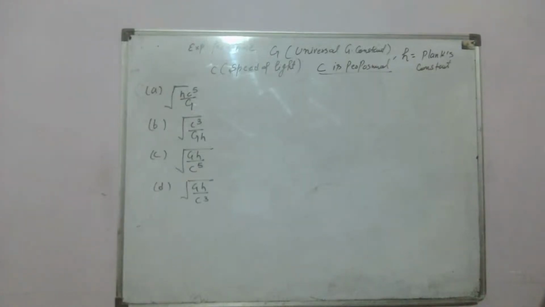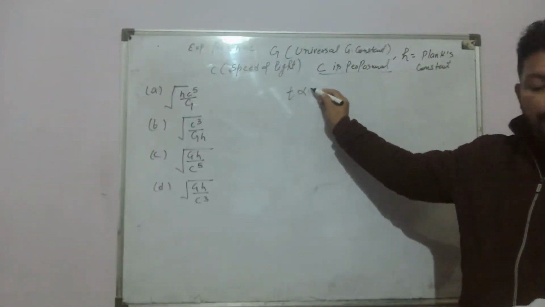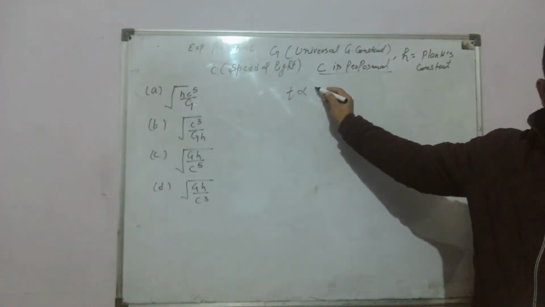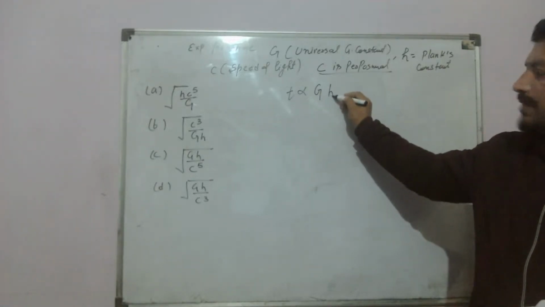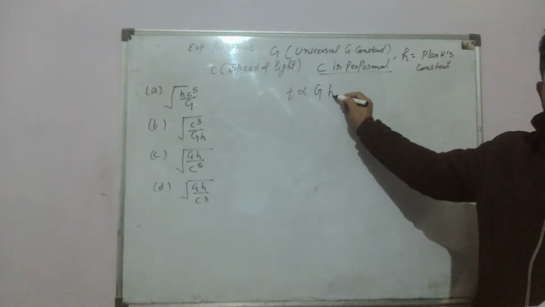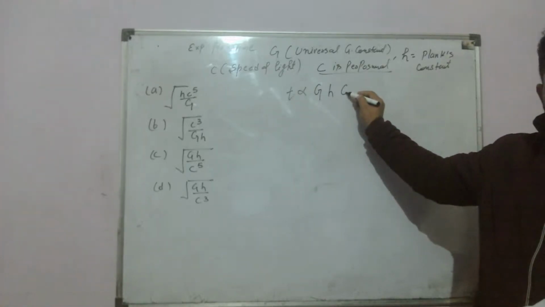So we start the question here. T is directly proportional to which terms? The gravitational constant, Planck's constant, and one more term, c.